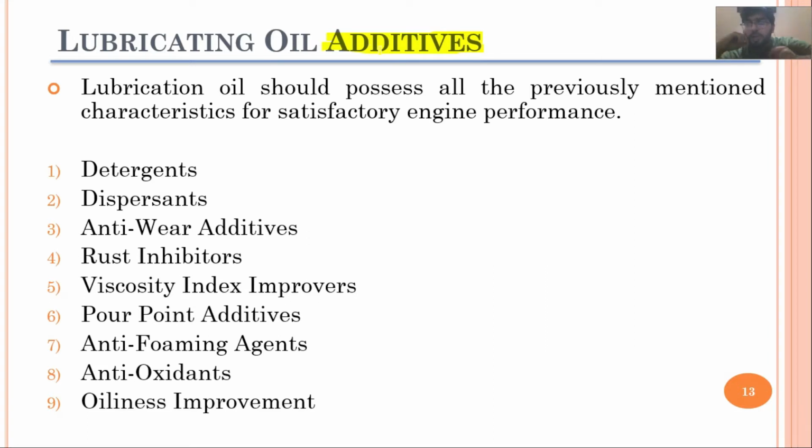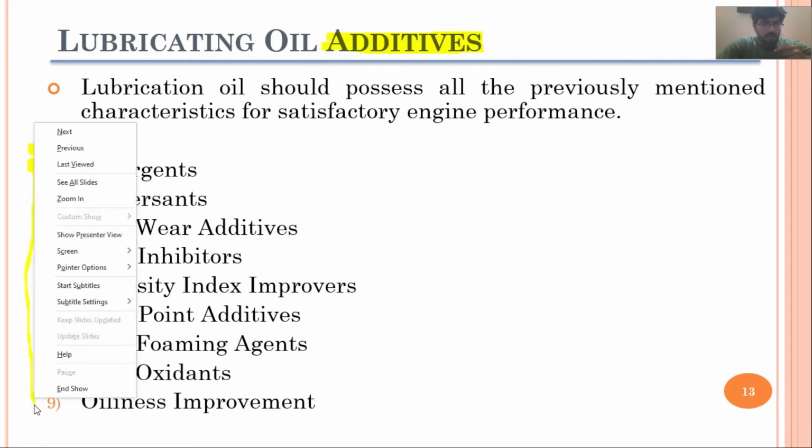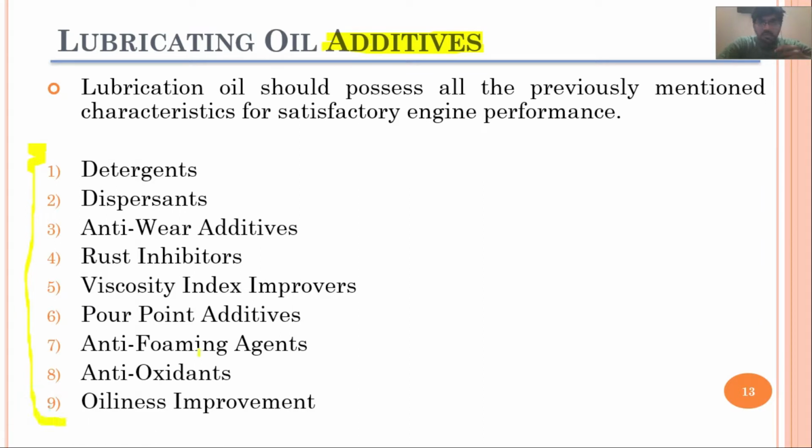So we have to add some additives, and we discussed what additives are usually added to achieve the desired properties. We studied these additives in quite some detail, and why these additives are being utilized.